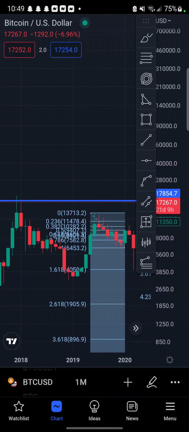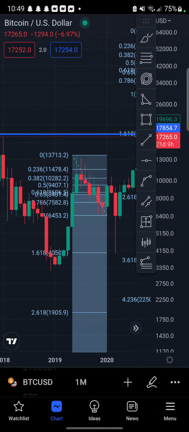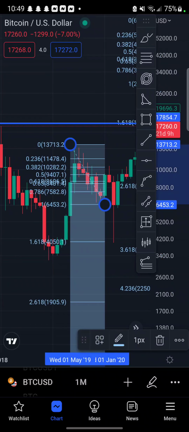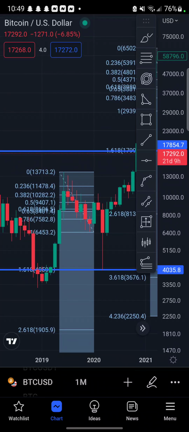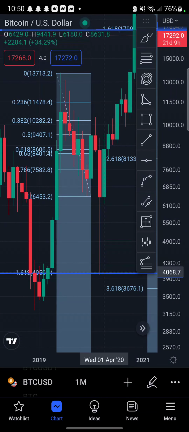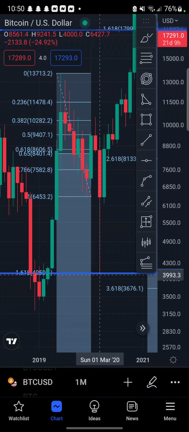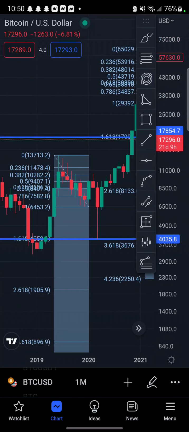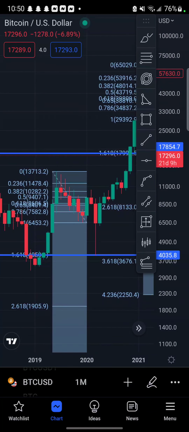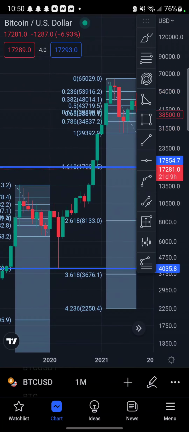Bam. And look at the 1.618. It was saying the bottom right here was 4,050. So let's go ahead and mark a horizontal line. Bam. And the price of Bitcoin went to 4,000. So that was pretty much on point. I was about to say slightly off, but that was pretty much on point.